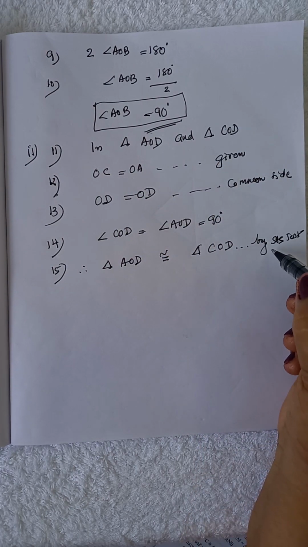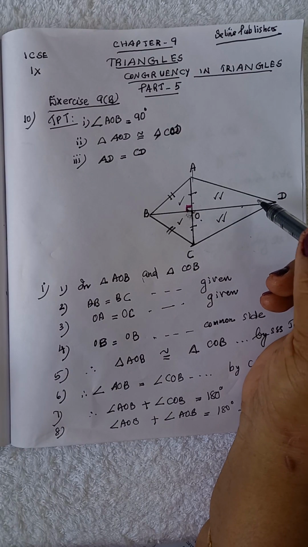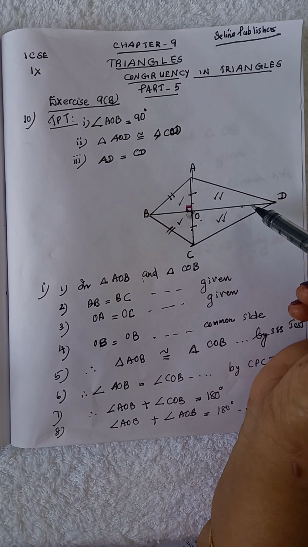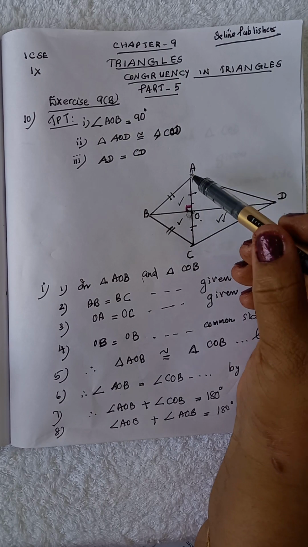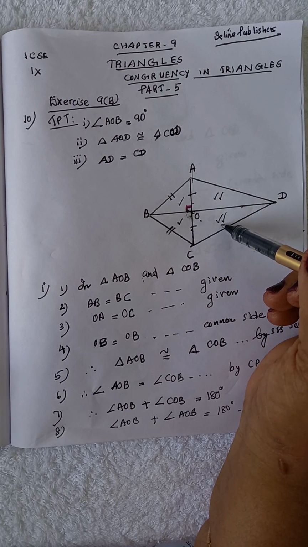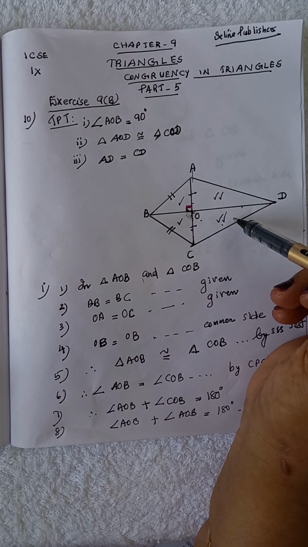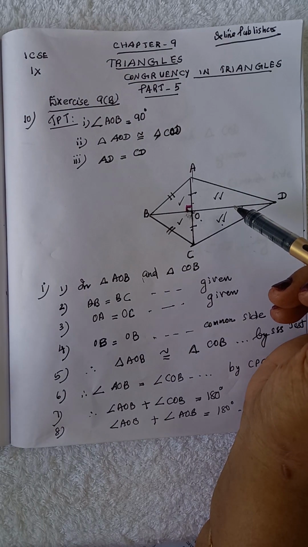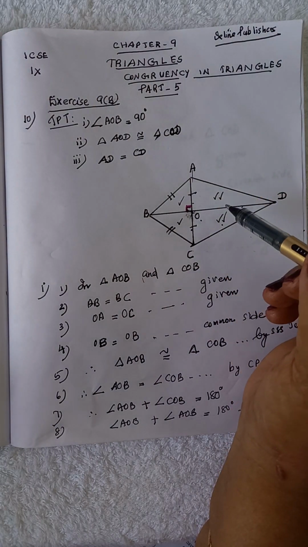Angle will come between these two sides there. Now third part of the question is we have to prove that AD is equal to CD. Here this AD and CD are corresponding sides of these two triangles AOD and COD. So they also will become congruent as those two triangles are congruent.